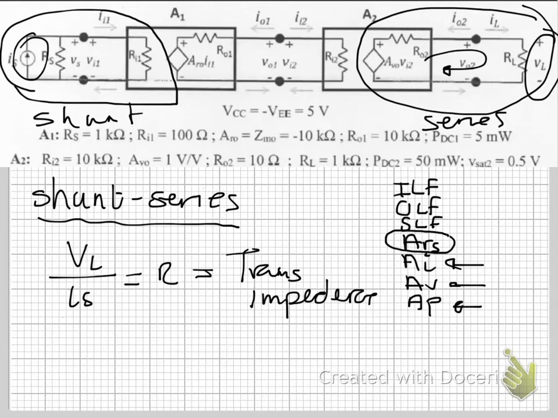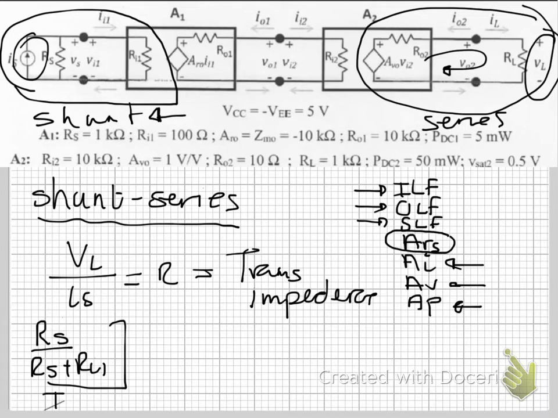So to find the transimpedance gain, we need the loading factor for each stage. For our input stage, because we've got a shunt here at the input stage, our loading factor is the current loading factor, which is RS over RS plus RI1. That's your input loading factor.